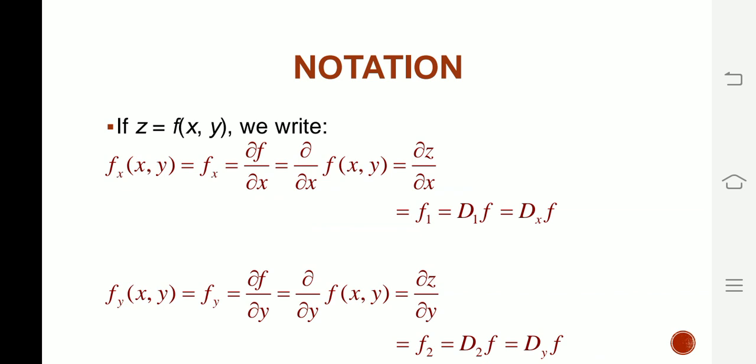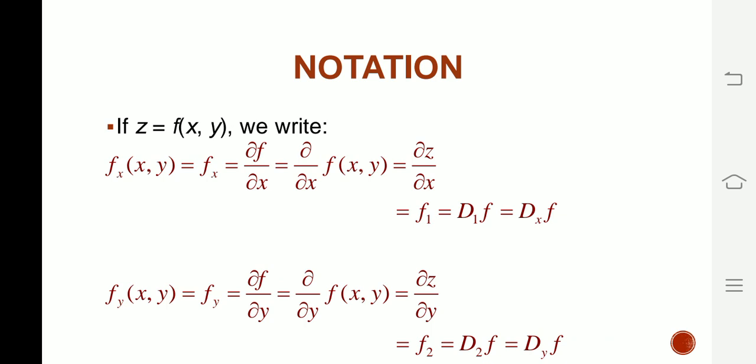See the notation. If z is equal to f of x y, we write fx of x y is equal to fx or del f by del x or del z by del x or Dx f. So what are the notations? If suppose there is a function z is equal to f of x y and we have to take its partial derivative with respect to x, it is denoted by fx or del f by del x or Dx f or D1 f or del z by del x.